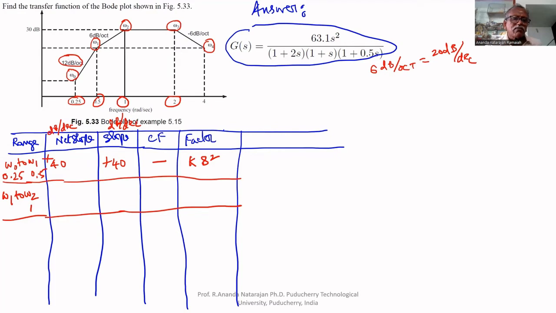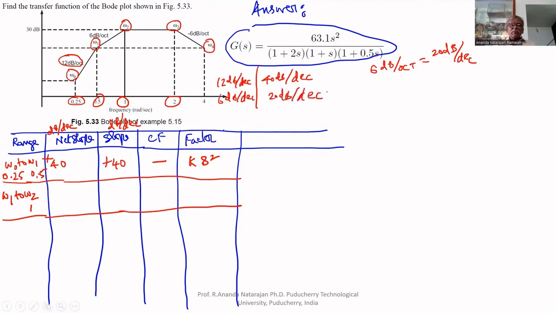The slope has changed from 12 dB to 6 dB, reduced. That's why it is changed from 40 dB per decade to 20 dB per decade. A positive value reduced means some negative contribution came. So the new net slope is plus 20 dB per decade.